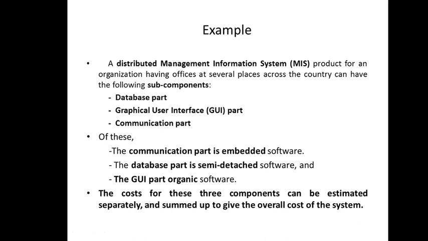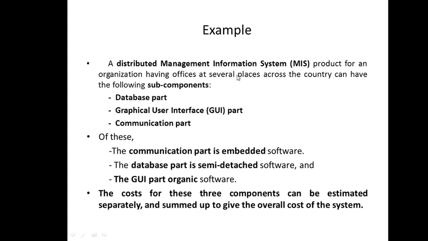Not so complex, not so simple, an average, so semi-detached. But the graphical user interface part is the simplest one, so we say it is an organic type, right? So if you have three parts having different complexities, why not consider the values for their estimation based on their particular type? Why are you considering the entire software to be of one category?